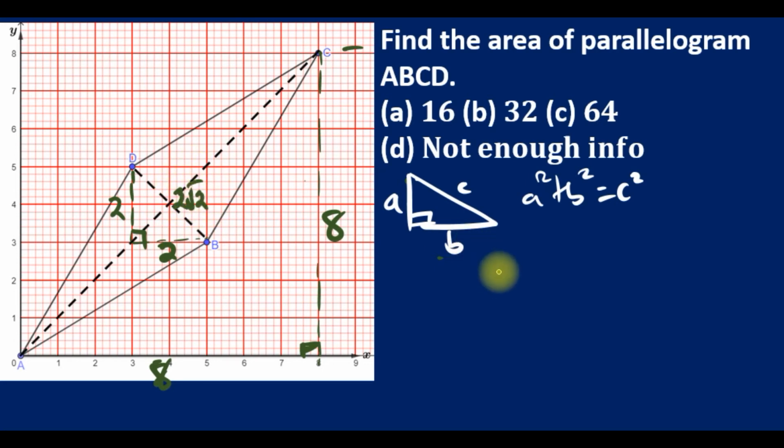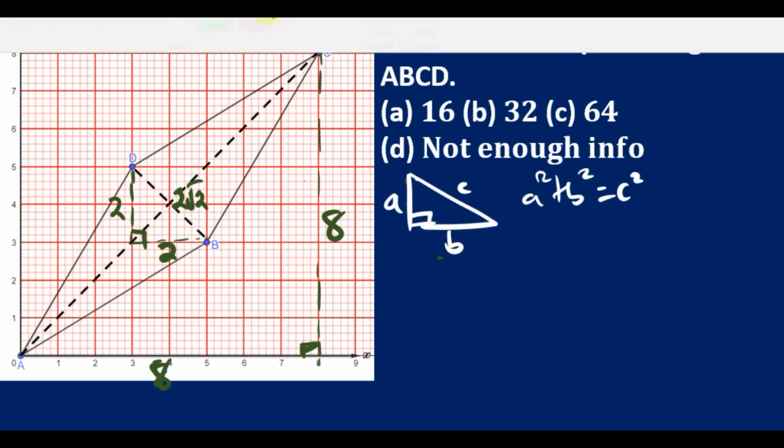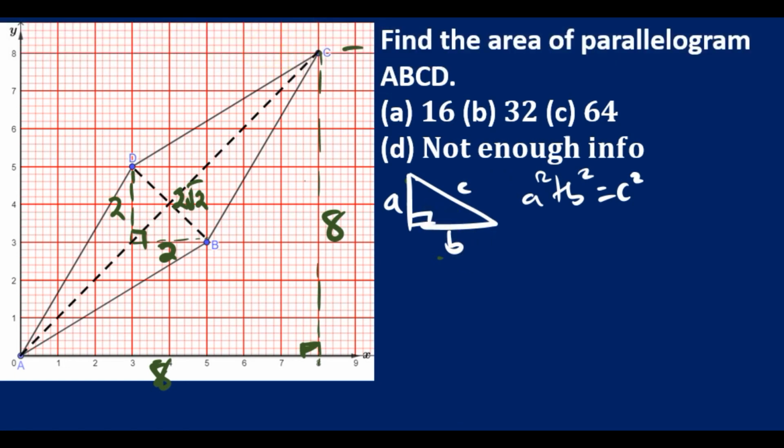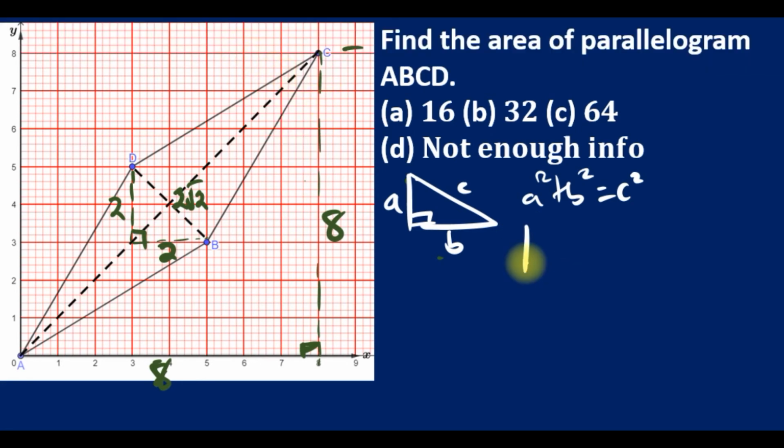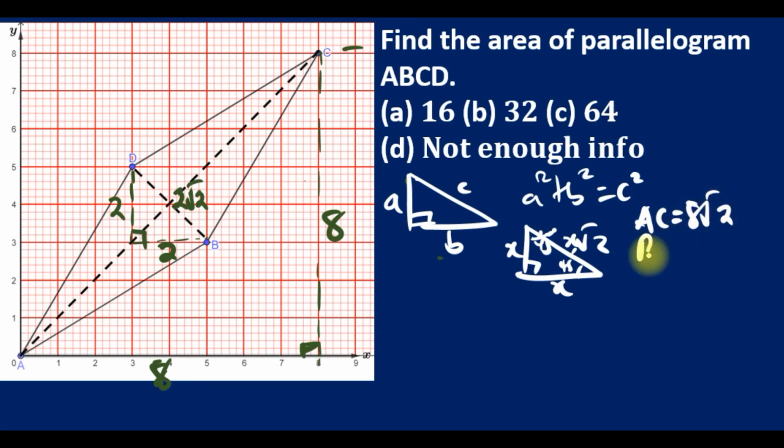I'm using the 45-45-90 triangle theorem, which states that if one leg is x and the other is x, then the hypotenuse is always x root 2, because the angles here are 45. So that's what I use, since here is 8. So AC is 8 root 2 and BD is 2 root 2.